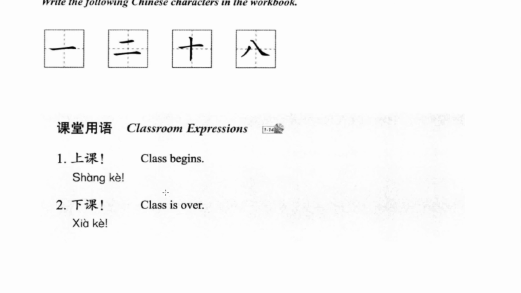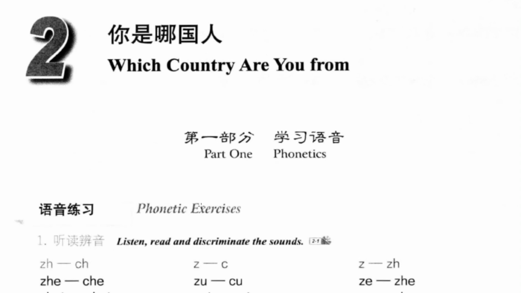Could you remember how to say hello to the teacher, how to say it when the teacher comes into the classroom? We should say 老师好. And the teacher could say 你们好, right? 你们好. Okay, Unit 1 is over, and I'm looking forward to learning Unit 2 with you next time.